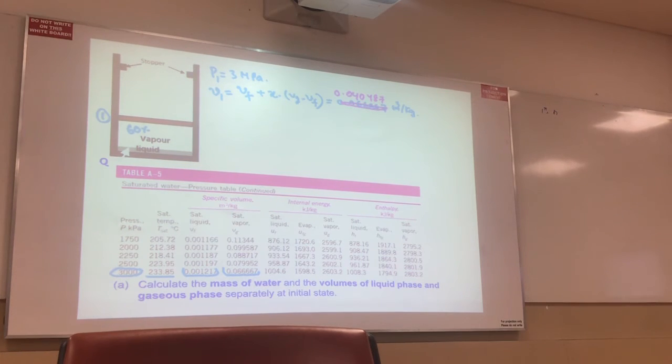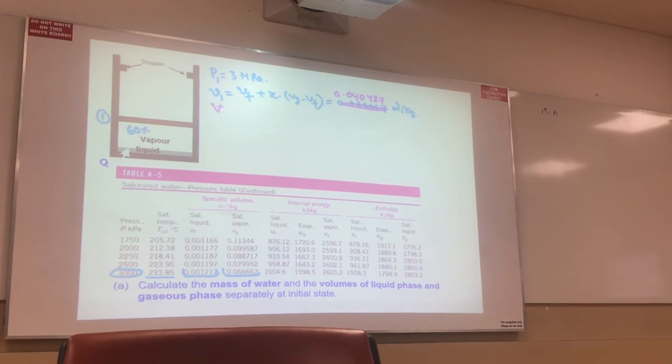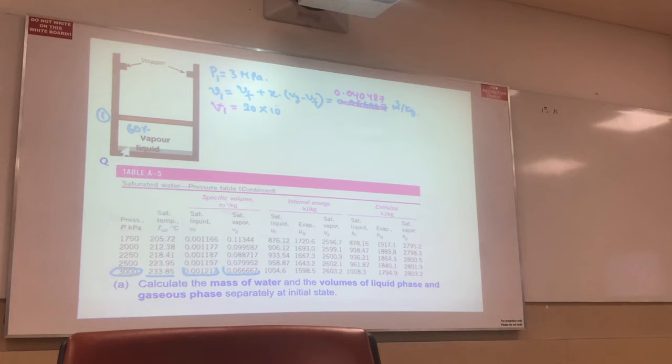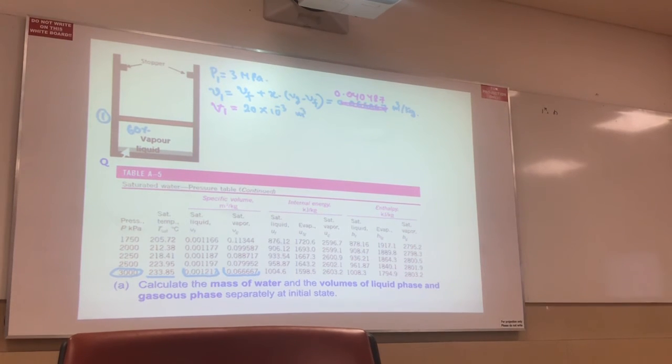And what is the total volume at state 1? V1 is given, 20 times 10 power minus 3 meter cube. So what is the mass?